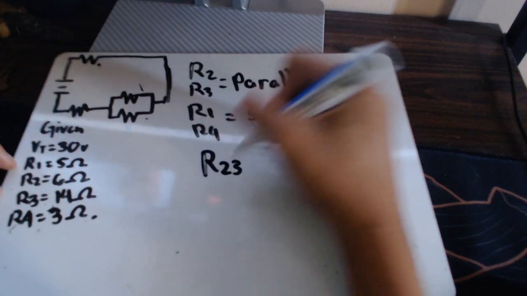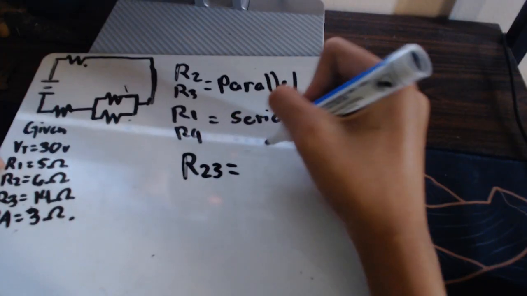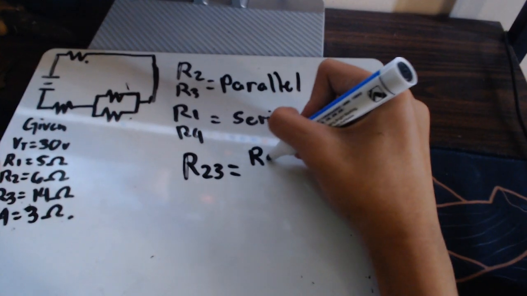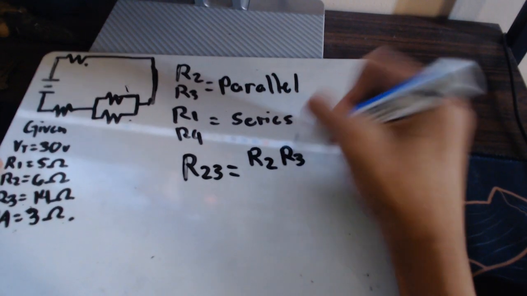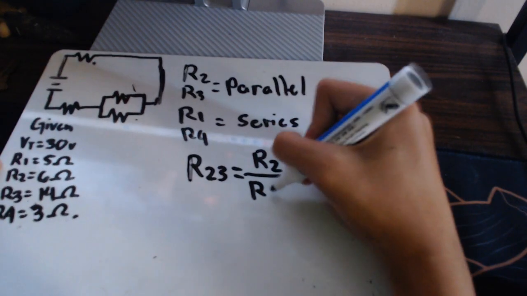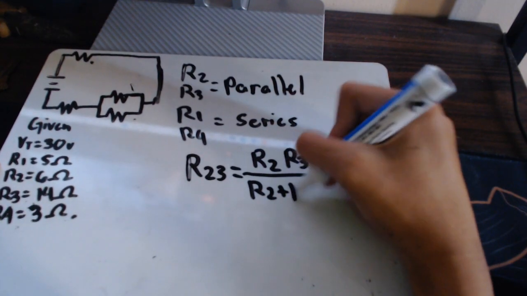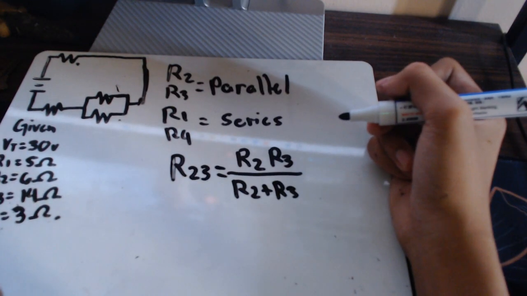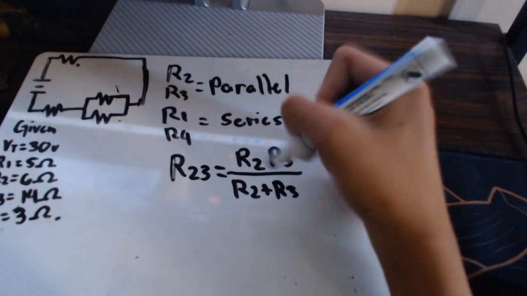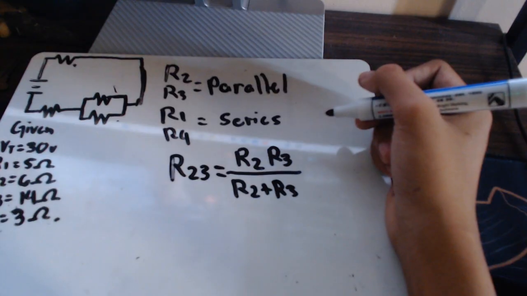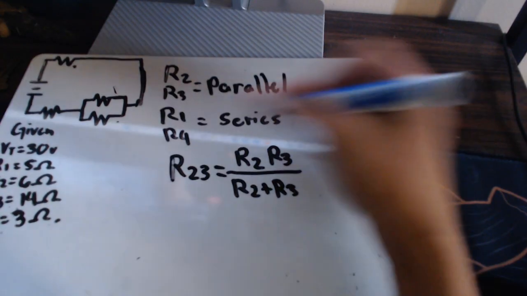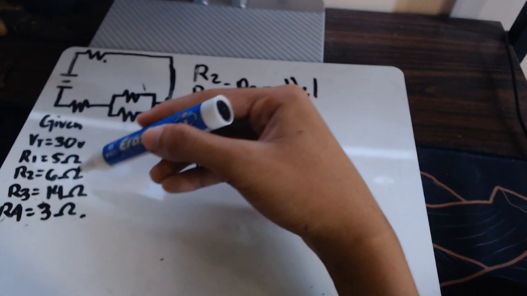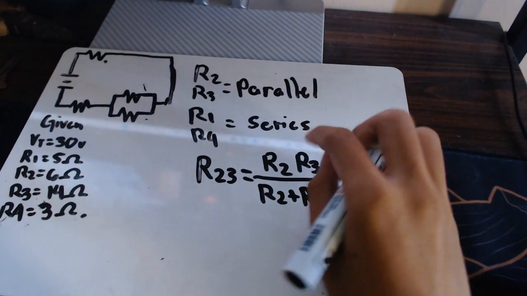R2,3 is equal to R2 times R3 over R2 plus R3. And now let's see our values and substitute them into our formula. The R2 is 6 ohms. As you can see, the R3 is 14 ohms.